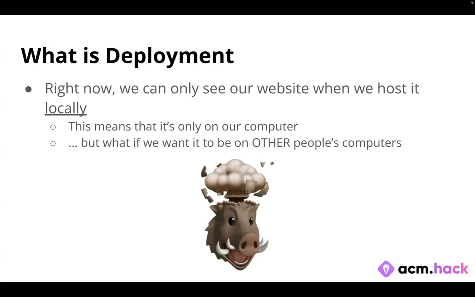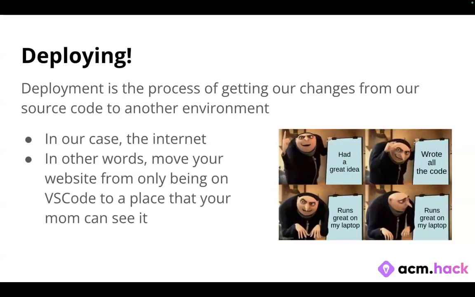So how do we go about doing this? Well, we do that with deploying, which is basically how we get the changes from our source code into another environment, which in our case will be the internet. So we're moving our website from only being on our computer to somewhere that anyone can see it, and that you can also share with other people.